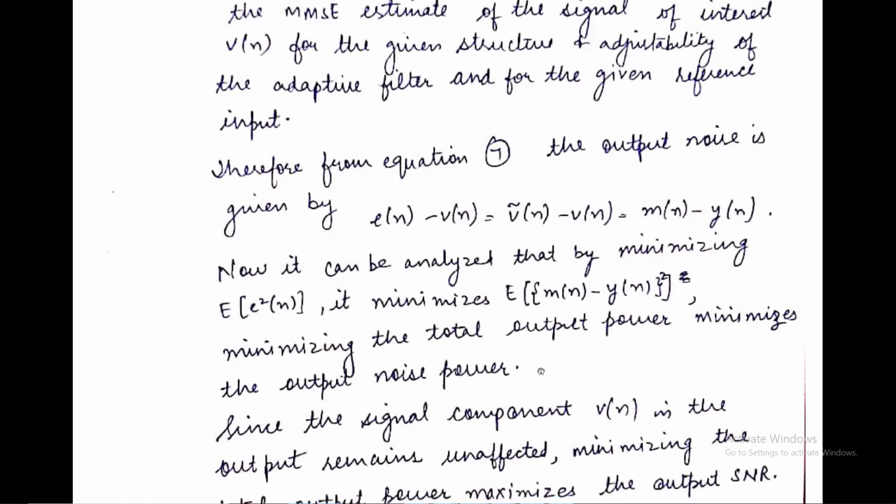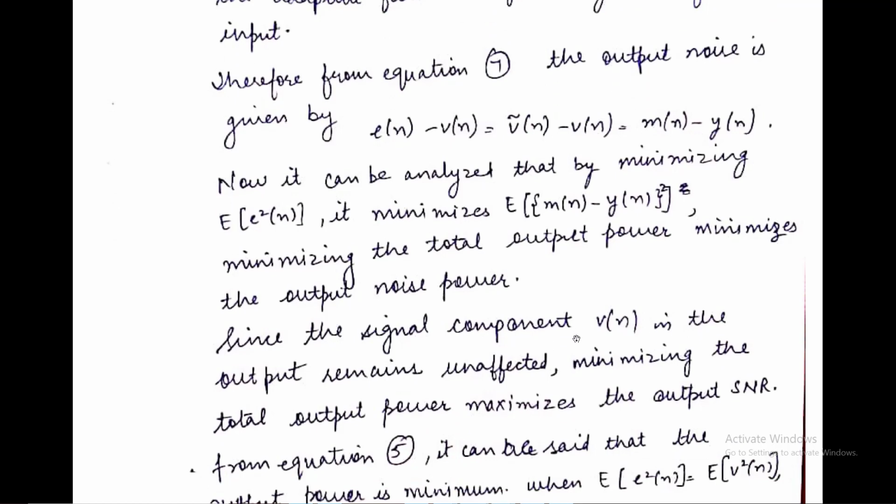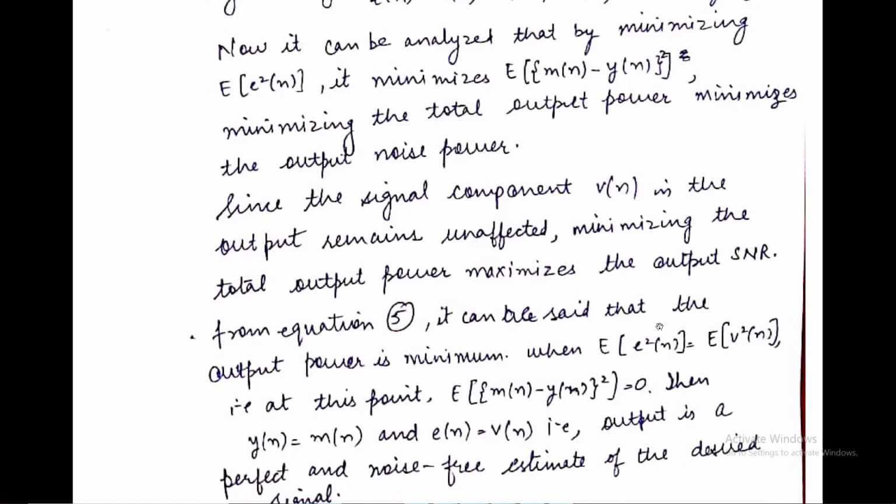Now the signal component Vn in the output remains unaffected. Basically when we minimize the output power, it will minimize the noise, but the signal component will remain unaffected. So what will happen? It will maximize the SNR, that is the signal to noise ratio.